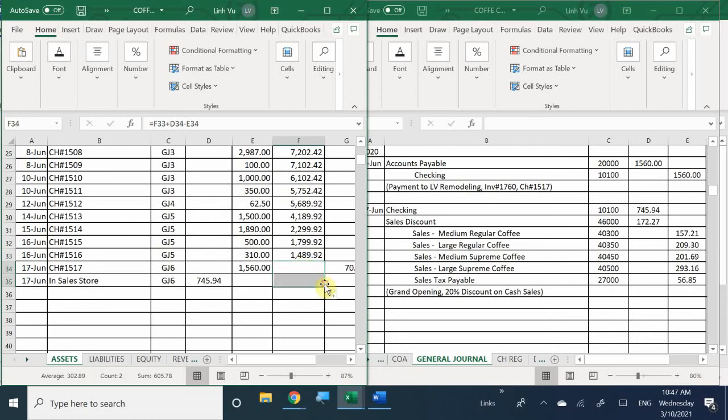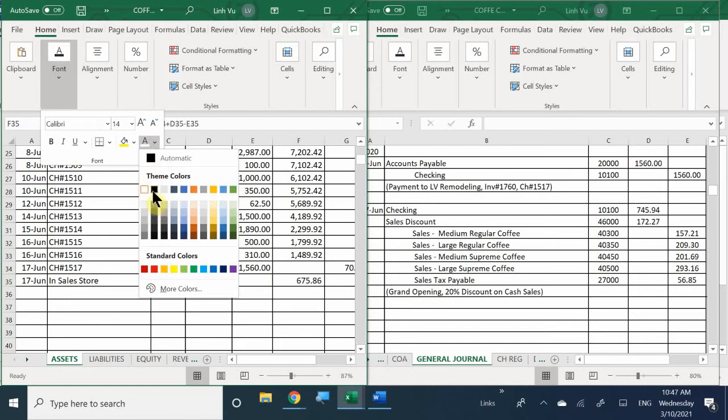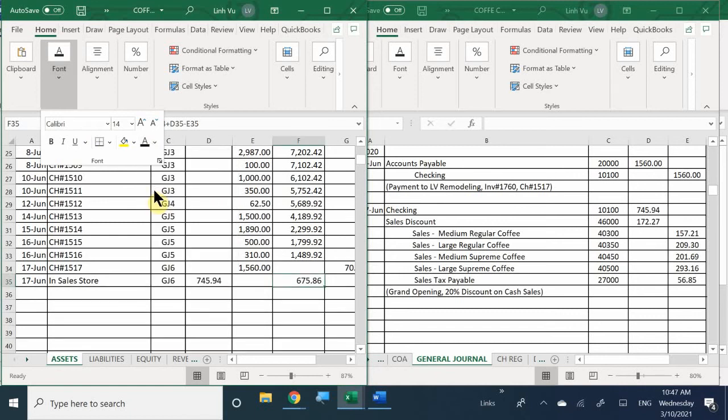Did it go down? Did it pull through? That's because it's colored. We colored the font, yeah. Usually it doesn't copy the cell above it, but there you go. 675.86 is correct. Now, in this case, if we make this deposit in the bank today, and because we wrote that check out, what's the one key thing? If we wrote that check out on that day, what's the assumption here?